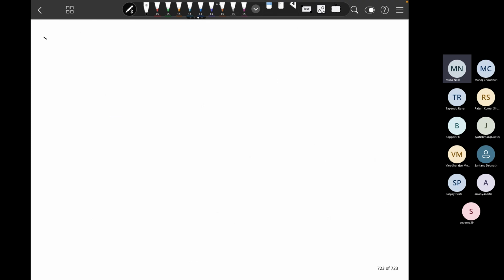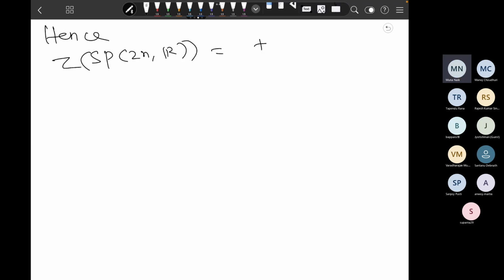Hence Z of Sp(2n,R) is equal to plus minus identity.